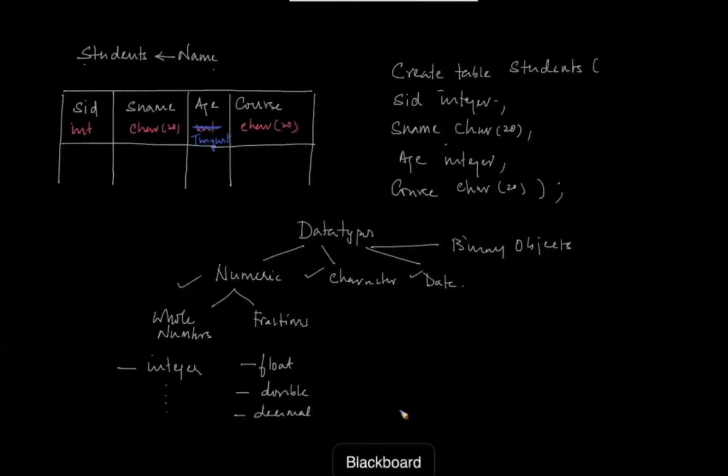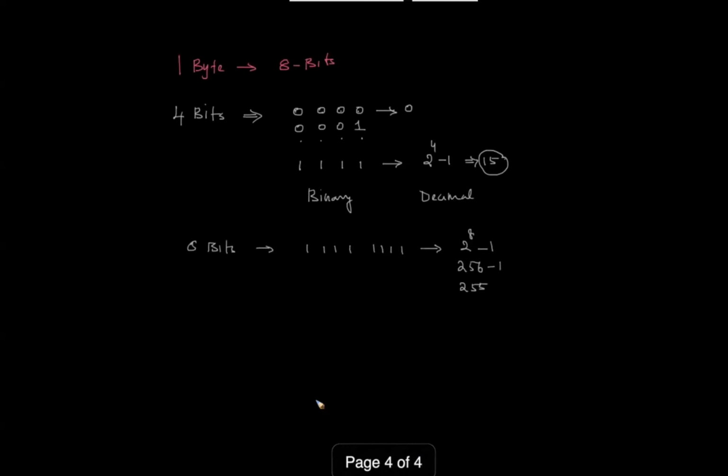The reason is, if you want to store the sign also, the first bit will be used to store the sign, right? 0 means positive and 1 means negative number. So if I use 1 bit for sign, then I have only 7 bits to store the number. So if I have only 7 bits, the maximum number I can store is 2 power 7 minus 1, right? So in this case, it is 127.